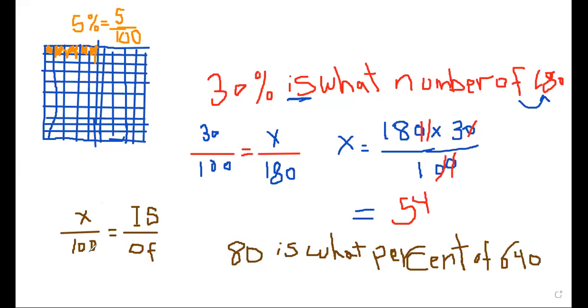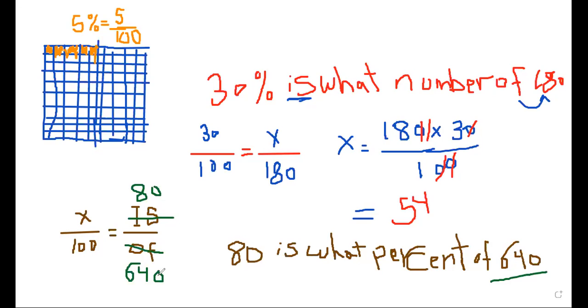Then 80 is "is", so we erase "is" and put 80 instead. And then 640 should be where? In the denominator. Very good. To calculate the answer, we are going to use cross product, so it will be 100 times 80 divided by 640.